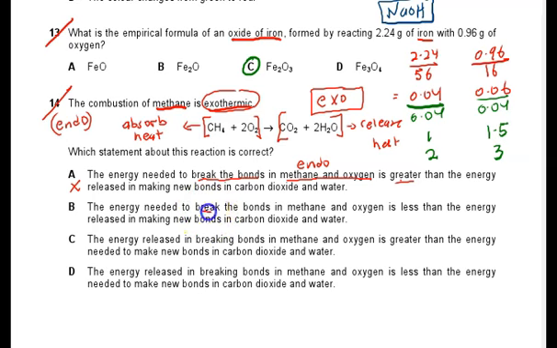So energy to break bonds is less than energy released. Let us look at C. Breaking bonds is greater than energy needed to make new bonds. Okay, this is wrong.